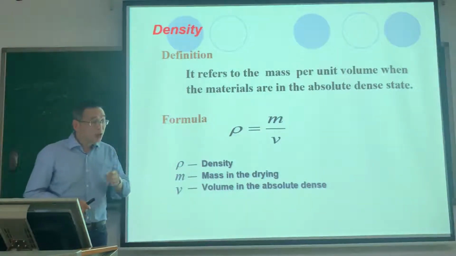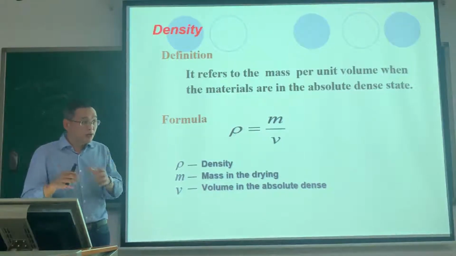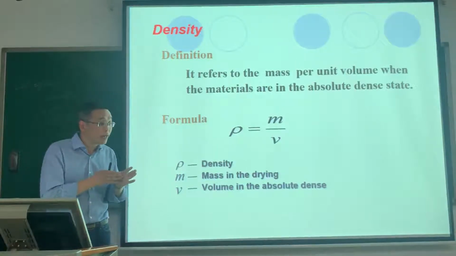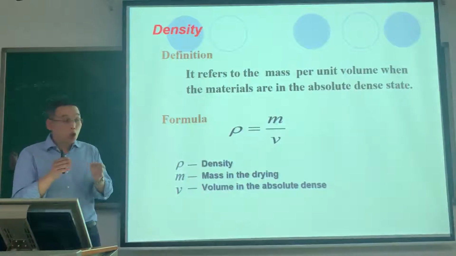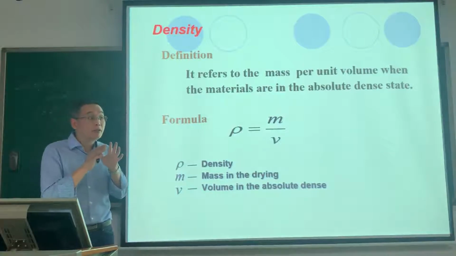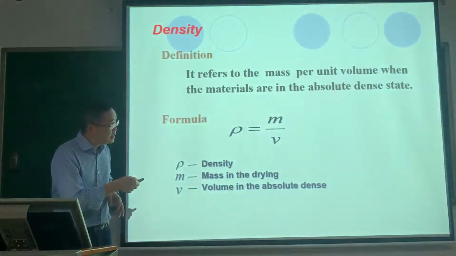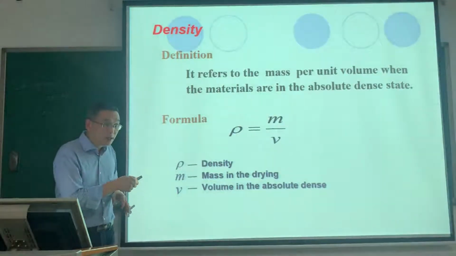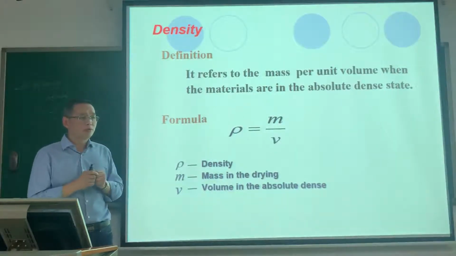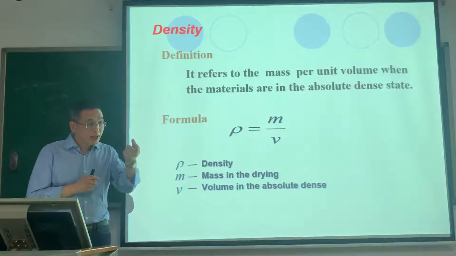But we need to know that for most of the materials, including the rock, aggregate, cement, concrete, are they in the absolute dense state? No. Just for example, the aggregate or the rock.